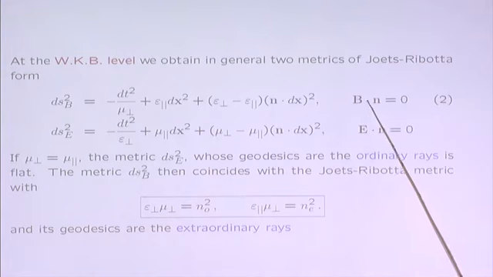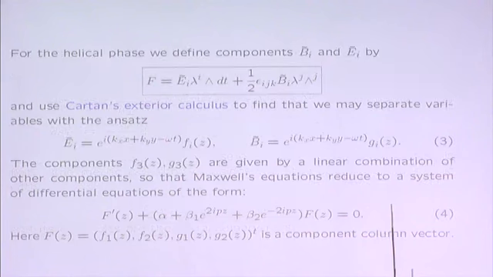It depends on whether B or E is orthogonal. And again, I think this bit of optics is probably familiar to people, but it just drops out of this formulation.